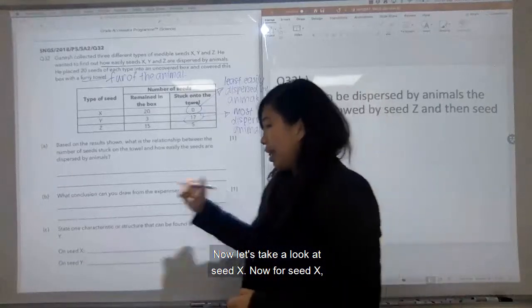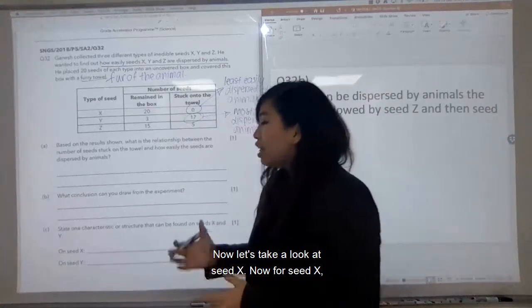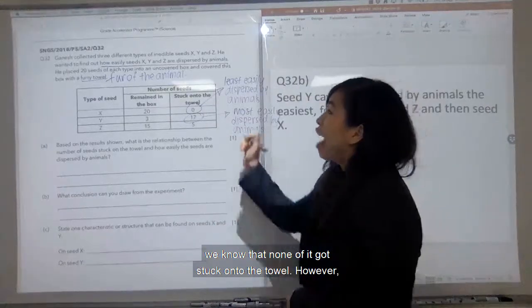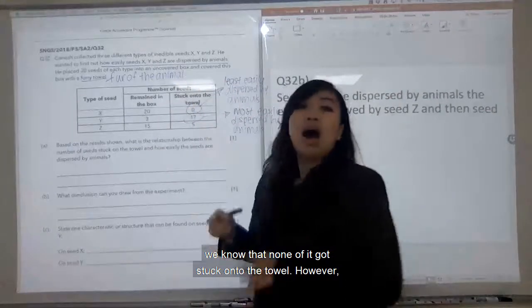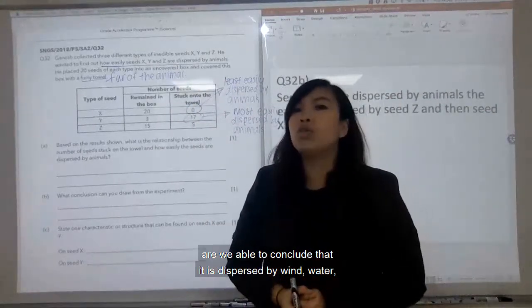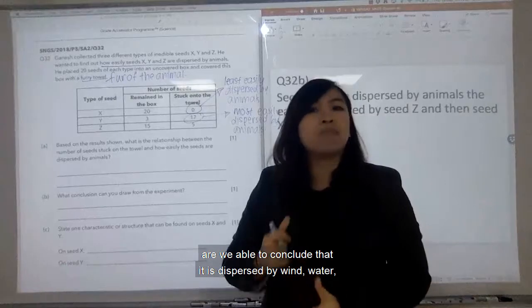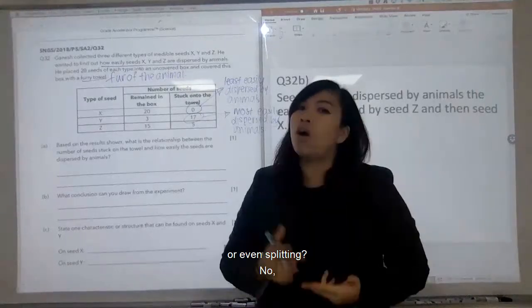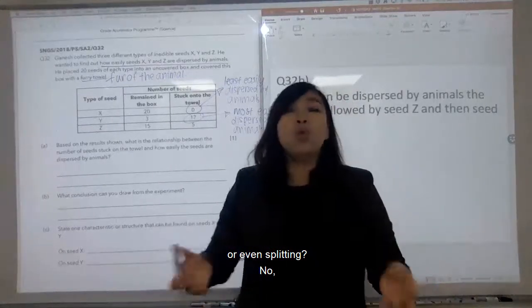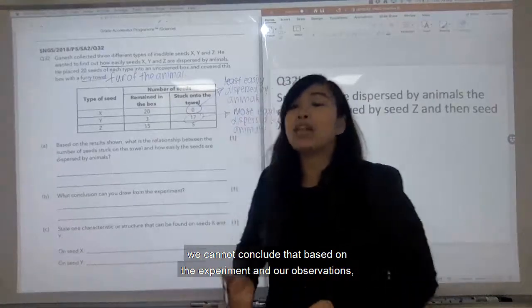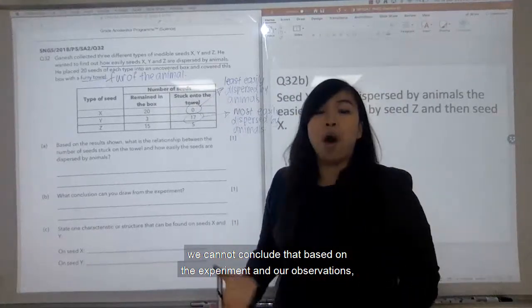Now let's take a look at seed X. Now for seed X, we know that none of it got stuck onto the towel. However, are we able to conclude that it is dispersed by wind, water, or even splitting? No, we cannot conclude that based on the experiment and our observations.